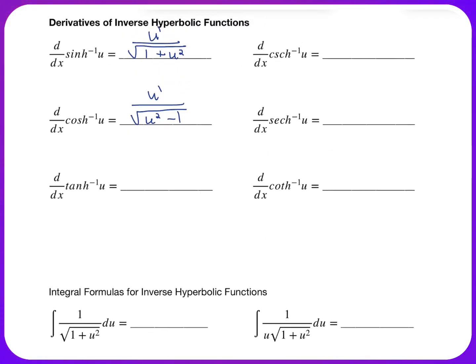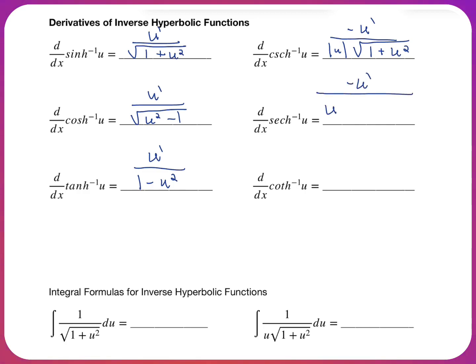The derivative of the inverse of the hyperbolic tangent function, the derivative of the inverse of the hyperbolic cosecant, next we have the derivative of the inverse of the hyperbolic secant, and last but not least, the derivative of the inverse of the hyperbolic cotangent.